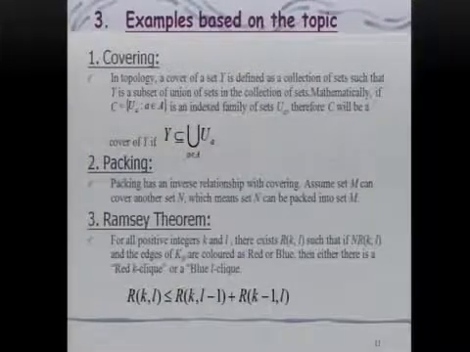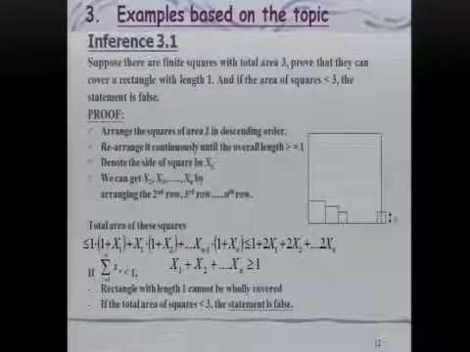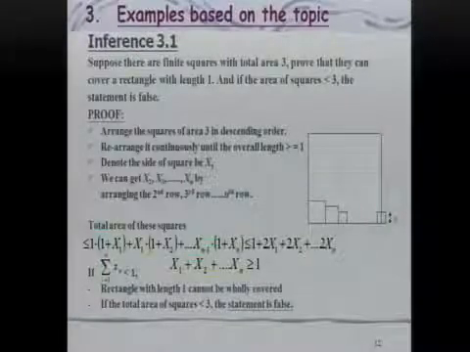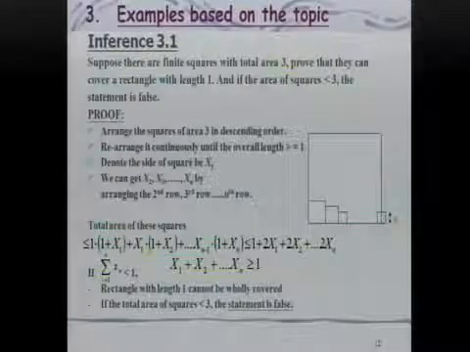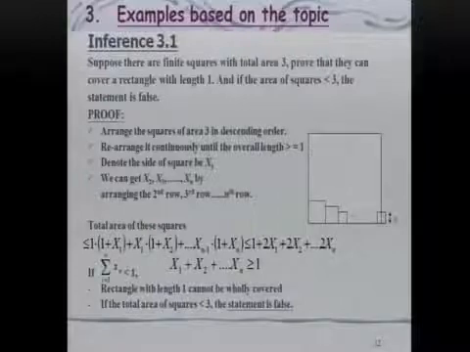In inference 3.1, by arranging the squares of area 3 in descending order, we can eventually prove that the sum of x1 to xn is greater than or equal to 1. However, if the total area of the squares is smaller than 3, the statement will become false.